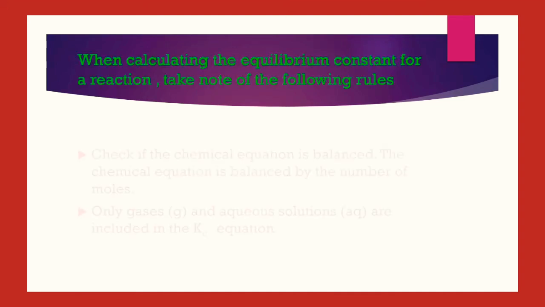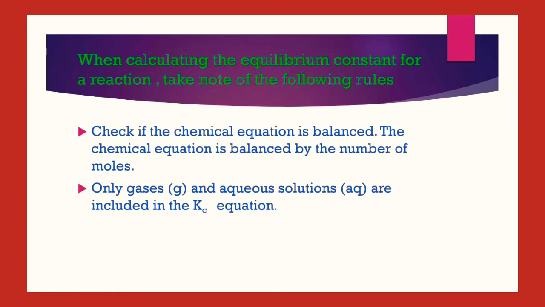When calculating the equilibrium constant for a reaction, take note of the following rules. Check if the chemical equation is balanced. The chemical equation is balanced by the number of moles.